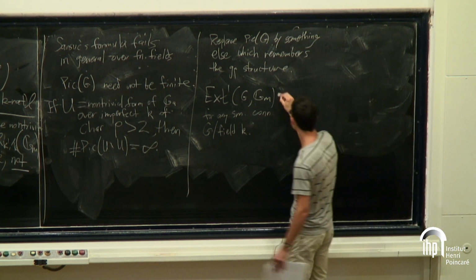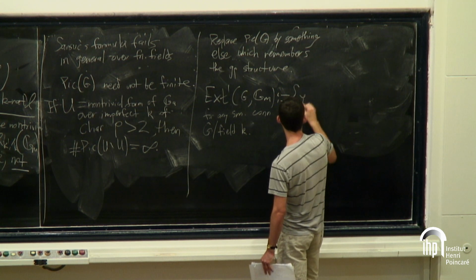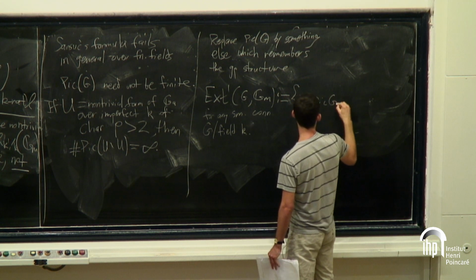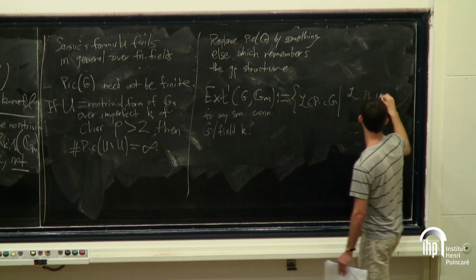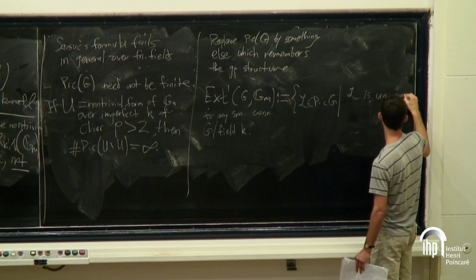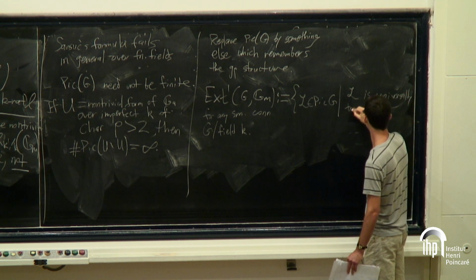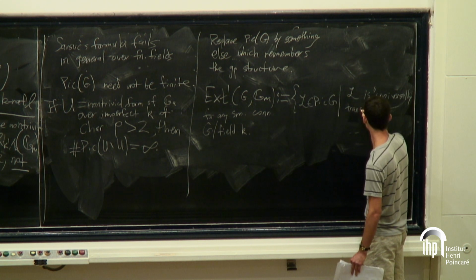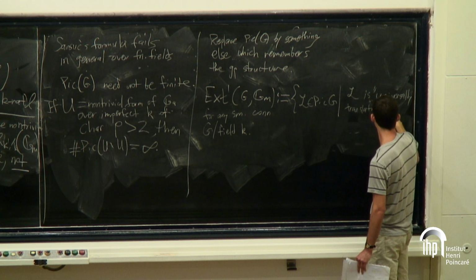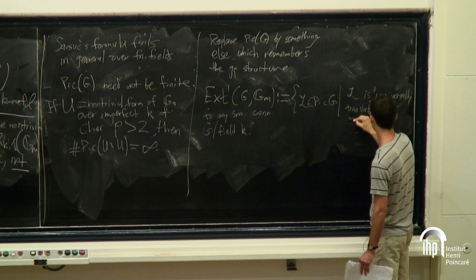So we define this to be the set of line bundles L such that L is universally translation invariant, modulo the base. So it's in quotes, translation invariant mod the base.